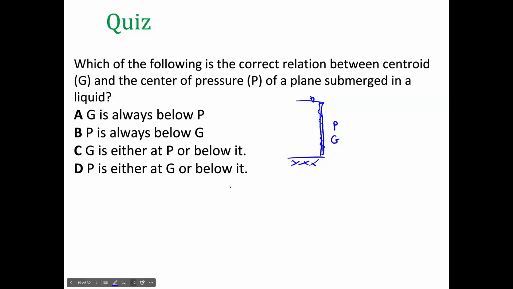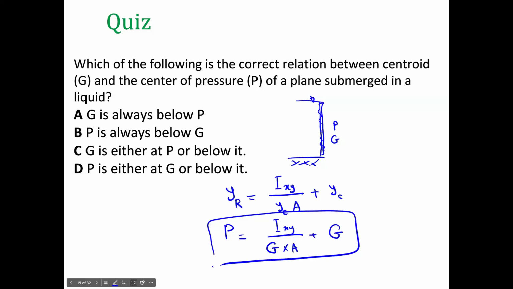Let me give you this one. YR equals IXG divided by YC area plus YC. Here it says YR is P, and this one is G. So based on what it asks, this is the formula.